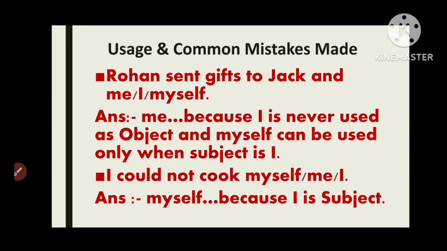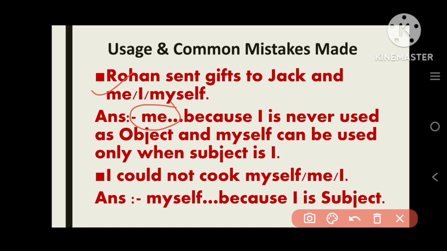Now let us see some examples and try to understand the use of I, me, myself. The first sentence is: Rohan sent gifts to Jack and, should we use me or I or myself? As you can see, the answer is me. Rohan sent gifts to Jack and me. Why?